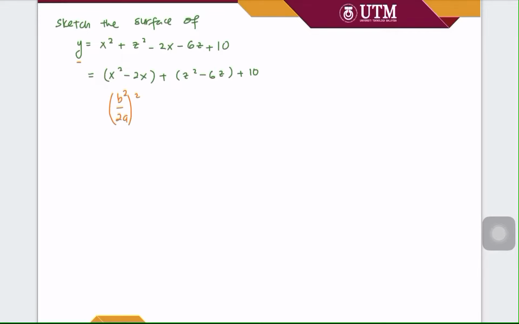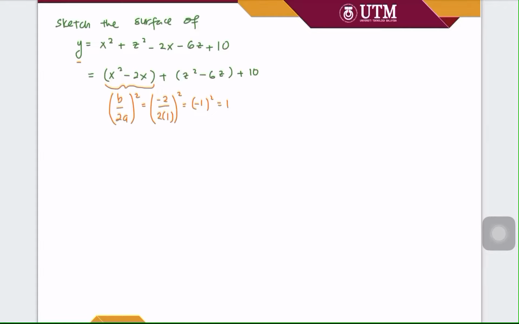What is b? b is minus 2, and 2a is 1 here. So minus 2 over 2 is minus 1, and minus 1 squared is 1. This one is for x.